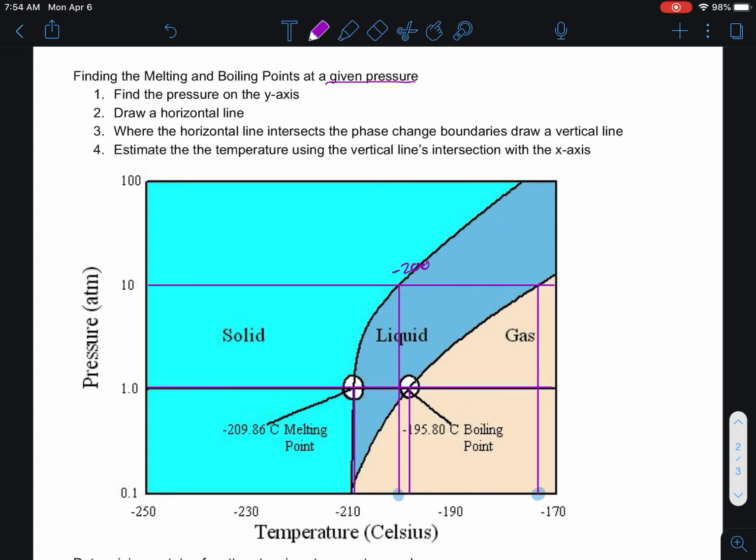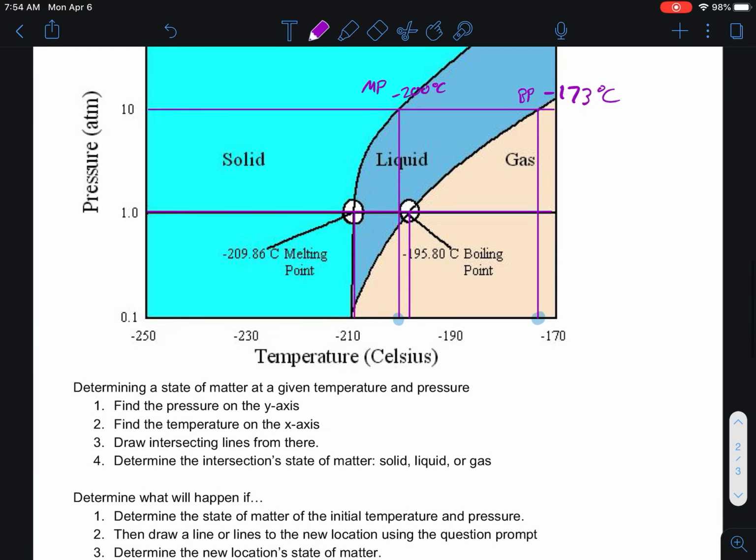Negative 200 degrees Celsius is the melting point. For the boiling point, I'll abbreviate BP, that looks like maybe negative 173 or so degrees Celsius.